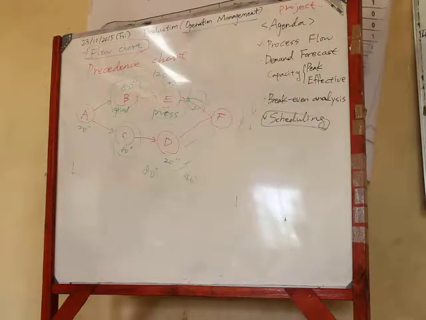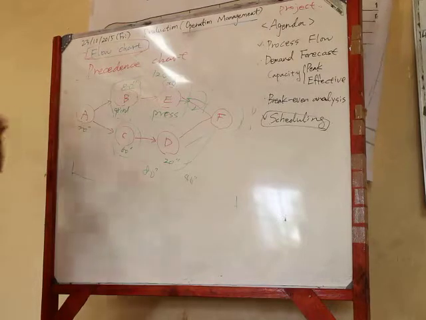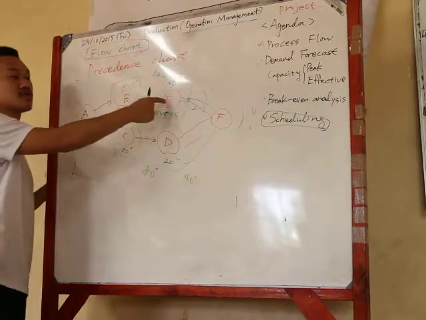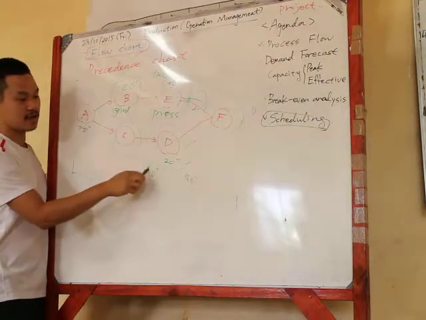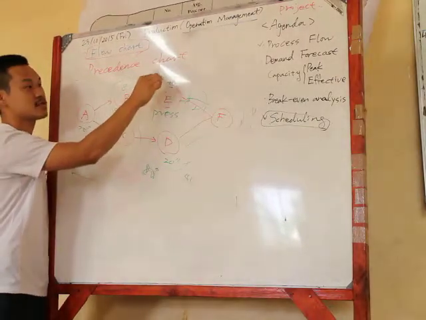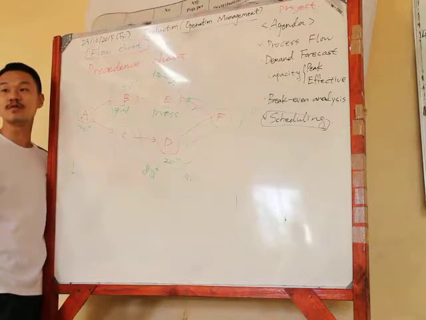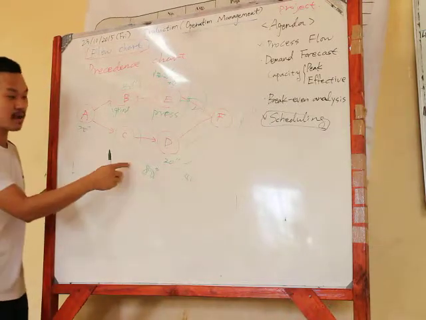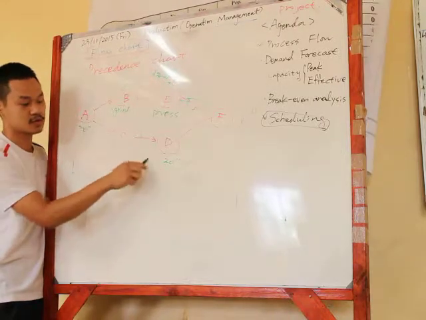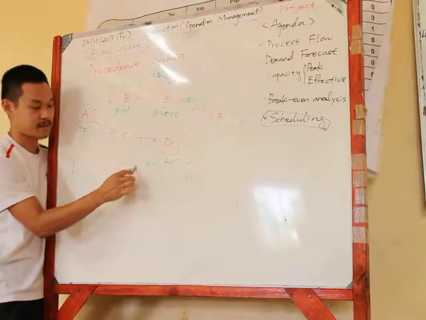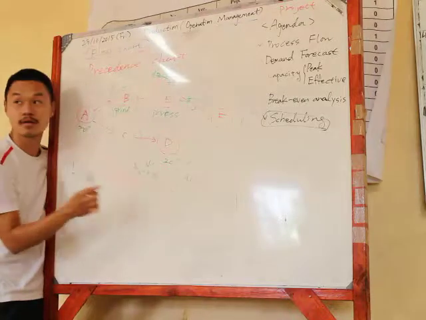Instead of 20 seconds, we can reduce this to 15 seconds. This one can also be reduced. But if this takes, let's say, 80 seconds, and this is 120 seconds, and you only try to minimize this one, let's say you improve this from 80 to 60, right?